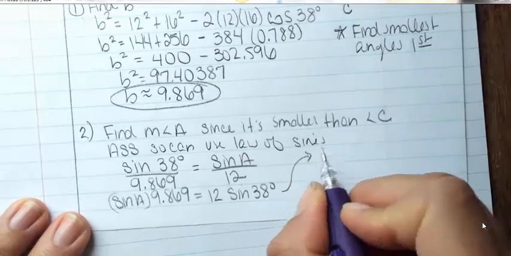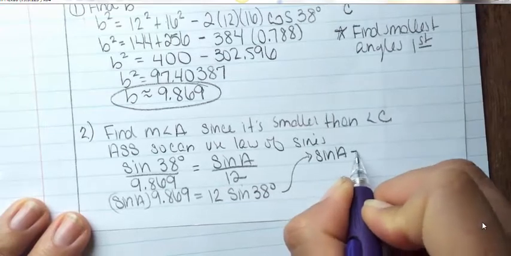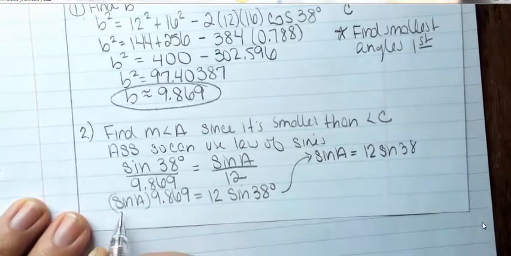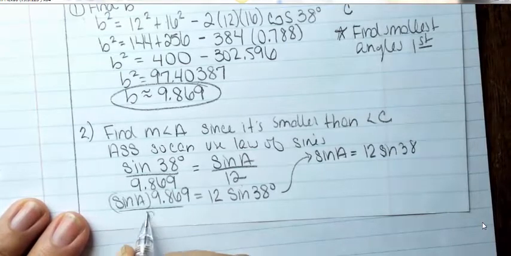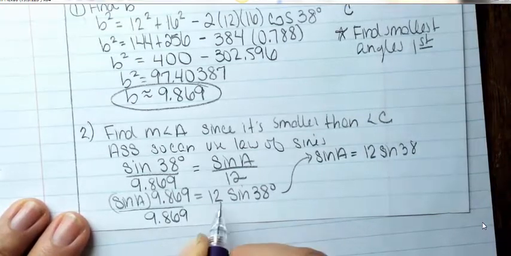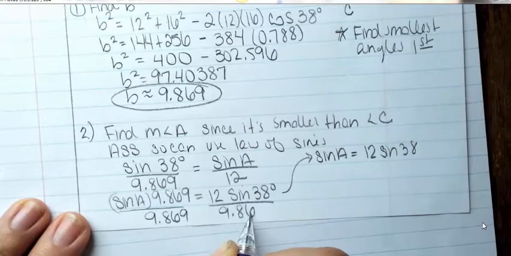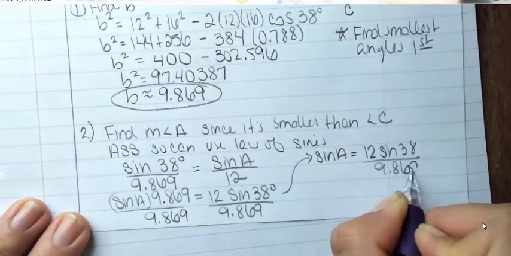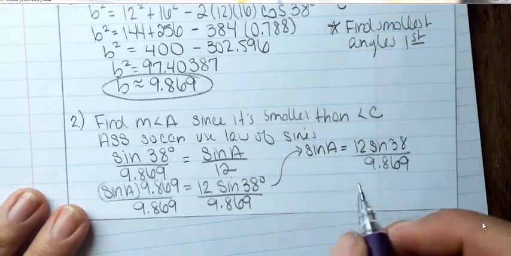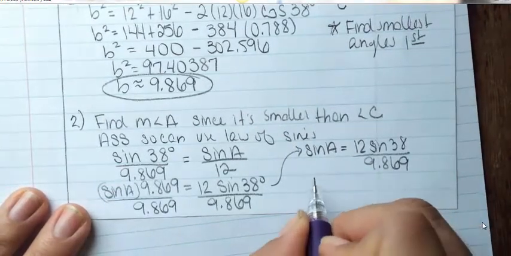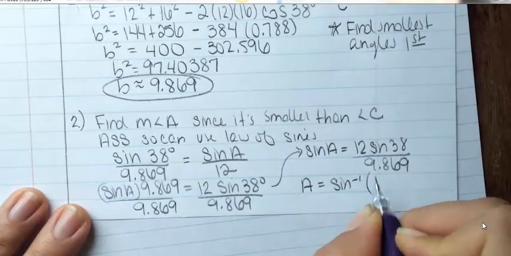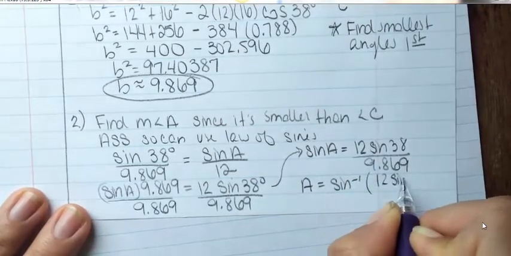So then I know sine of A will equal 12 times sine of 38, and I'll have to divide both sides by 9.869. So then A is actually going to equal the sine inverse of this chunk up here.